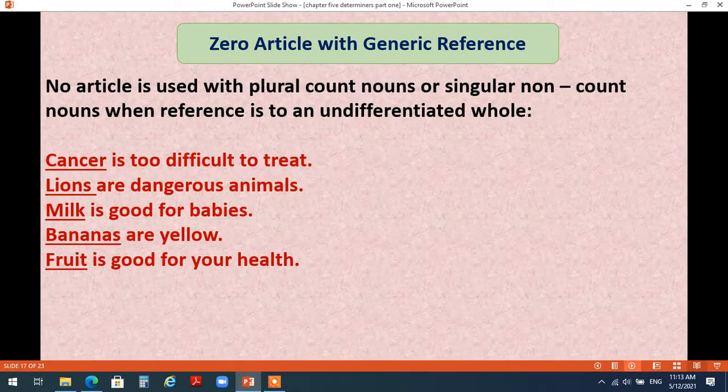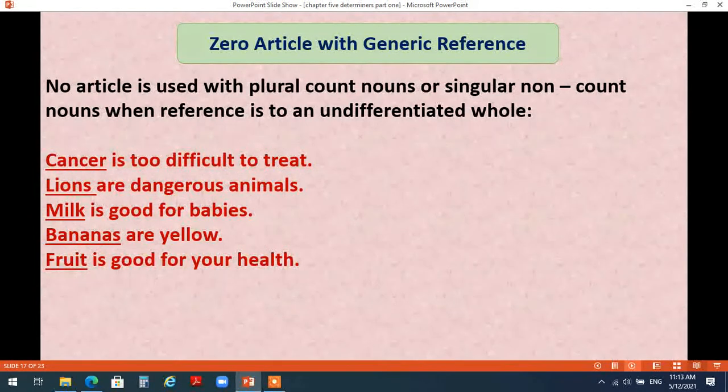Bananas are yellow أيضا هنا استخدمنا plural count noun اسم معدود في حالة الجمع للإشارة إلى the whole class of bananas. Fruit is good for your health. Also we have used a singular non-count noun to indicate that it has reference to the whole class of fruit.